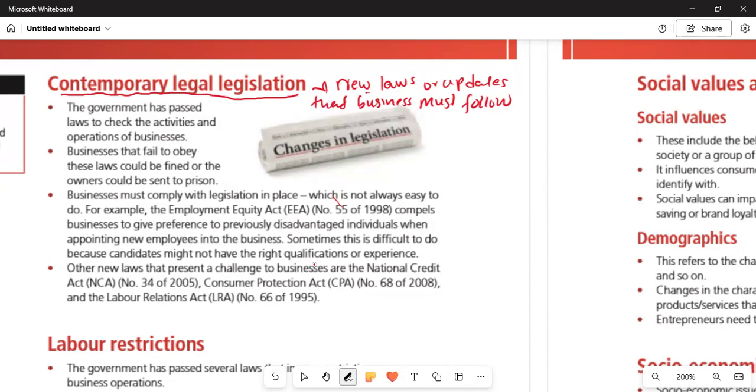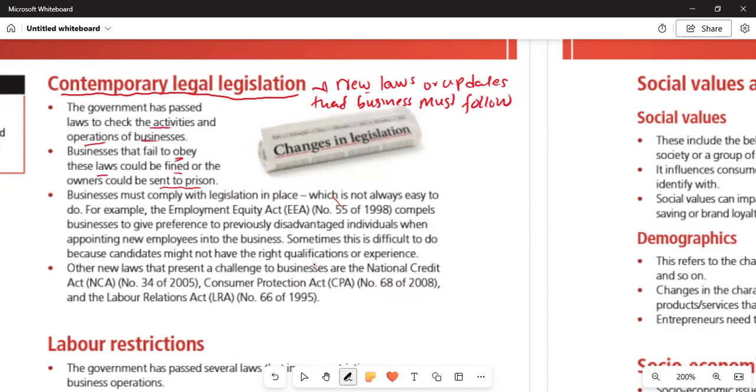The government has passed laws to check the activities and operations of the business. Businesses that fail to obey these laws could be fined or owners could be sent to prison. Acts are put into place, and the business must make sure that they comply with them.